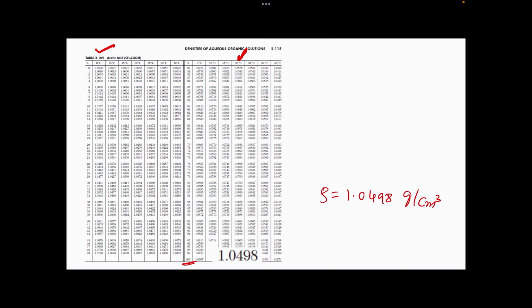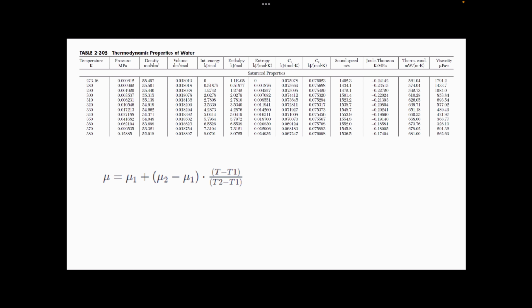Now this is the property table for thermodynamic property of water. In this table, the specific heat of water is given. You can easily understand this is Cp. Using this particular value, you can easily get it.